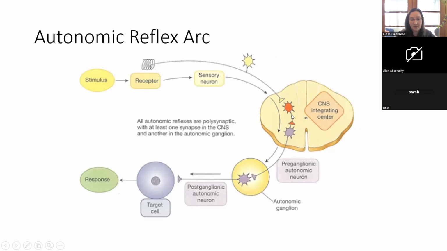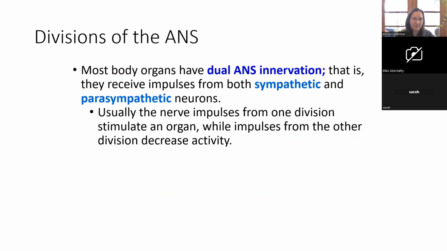We've got an interneuron sending out an efferent motor pathway, except that this efferent motor pathway, instead of just being one neuron, now we've got two. So we've got a neuron that leaves the spinal cord, and then it synapses with another neuron here that's going to take us to whatever the target cell might be, which is going to be a smooth muscle, a cardiac muscle, or a gland. Okay, but a two neuron efferent pathway.